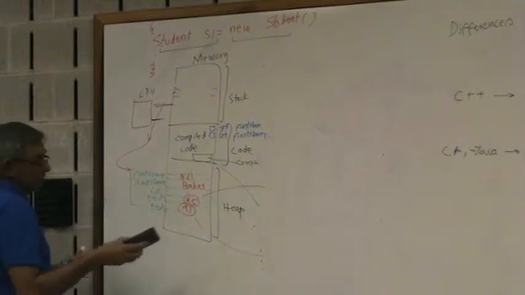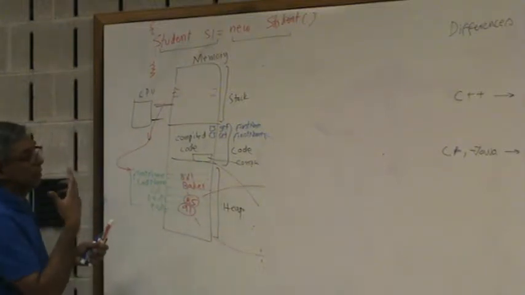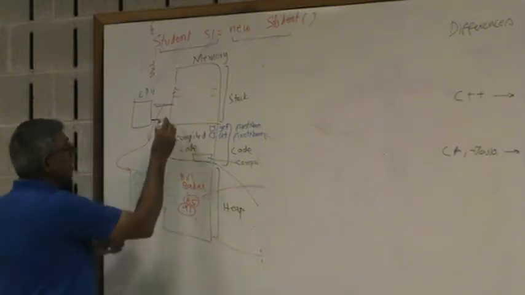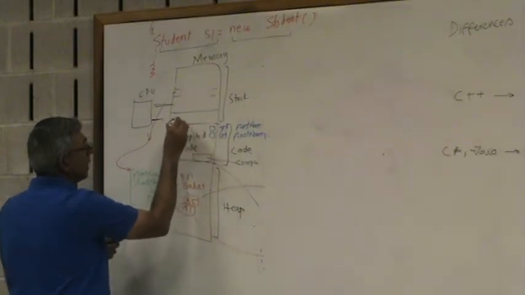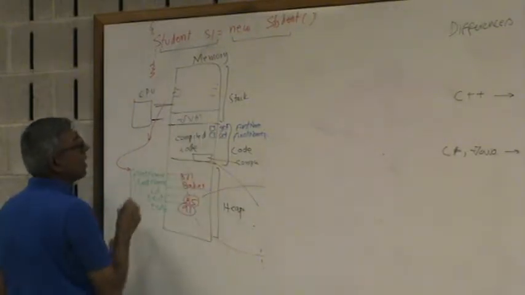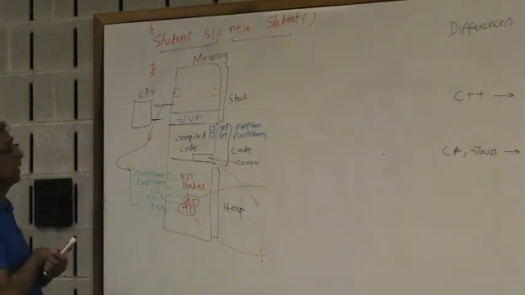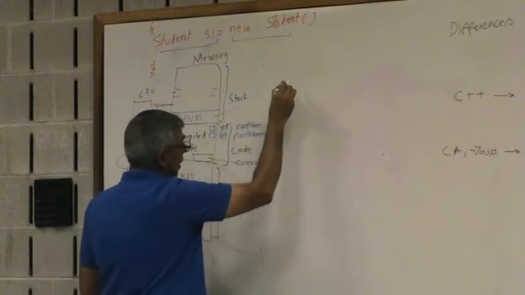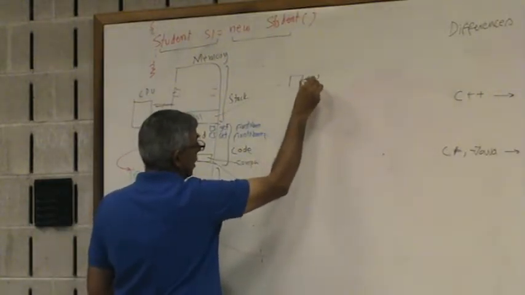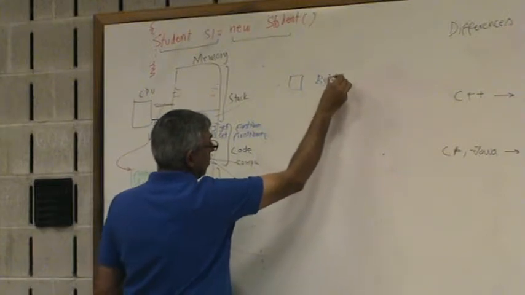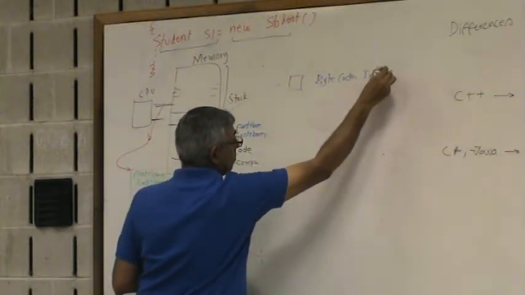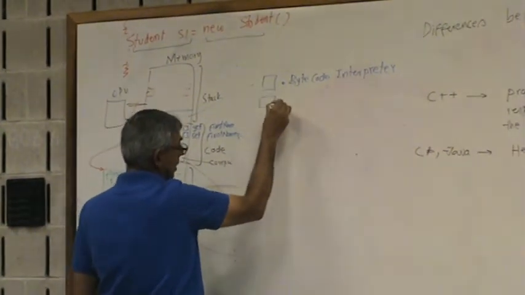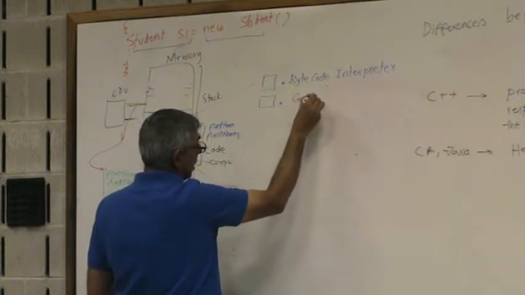So in languages like C# and Java, as part of the runtime, for example, in Java, we have what is called the Java virtual machine, which also gets loaded in the memory. Java virtual machine has three main parts to it. Okay, one is the bytecode interpreter. Second part is garbage collector.